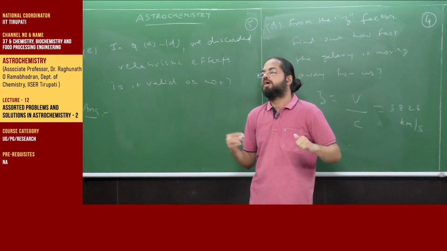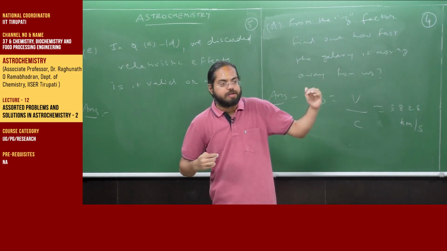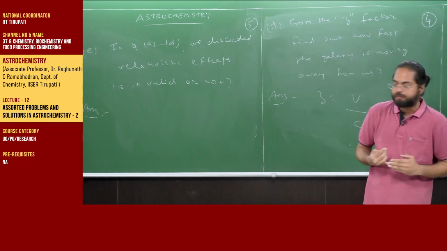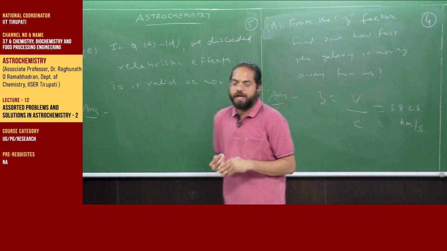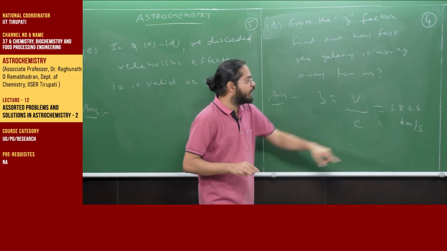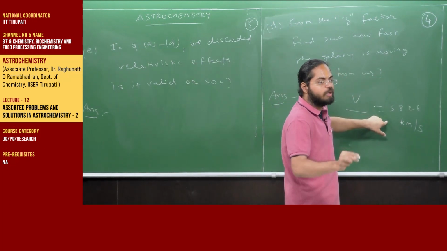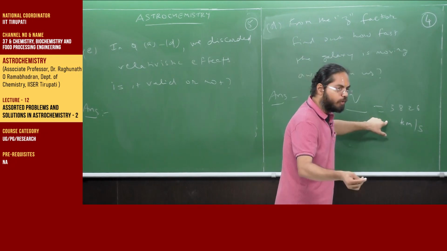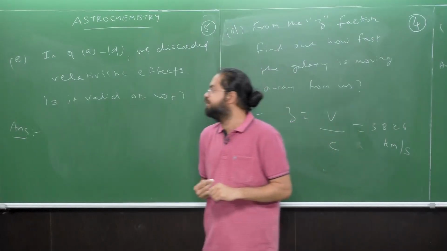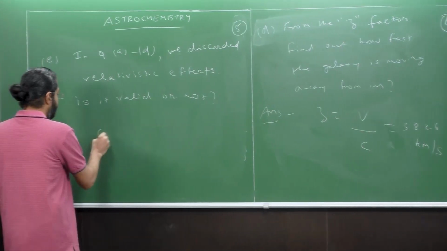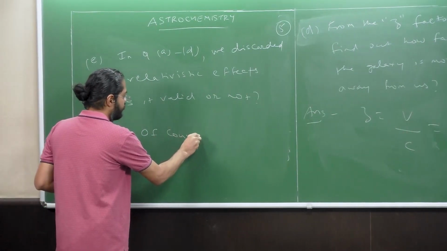It happens when particles travel at the speed of light, or close to the speed of light. But look at this number. This number is significantly lower. So therefore, we are pretty much justified in not including relativistic corrections. Of course, justified.